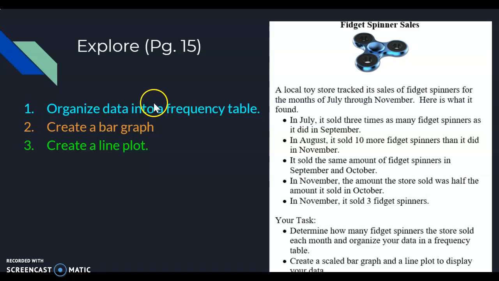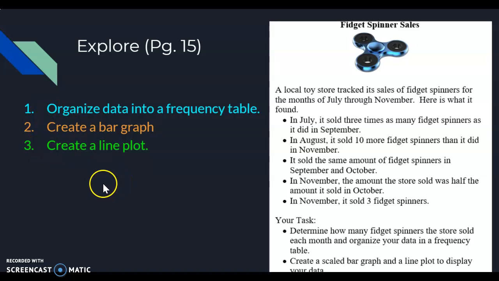You can work on the back of page 15, or you can get one of the notebooks that you picked up with our materials. You can use whichever one you have designated as a math notebook. You're going to solve the problems inside that notebook or on the back of page 15, and you're going to do all these tasks.